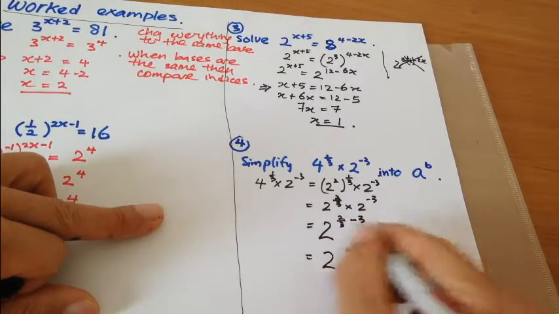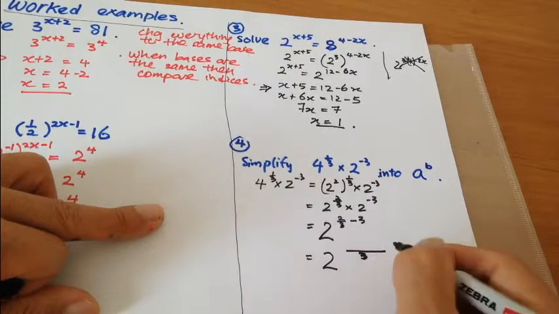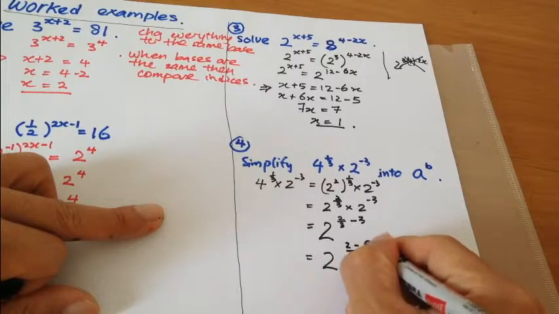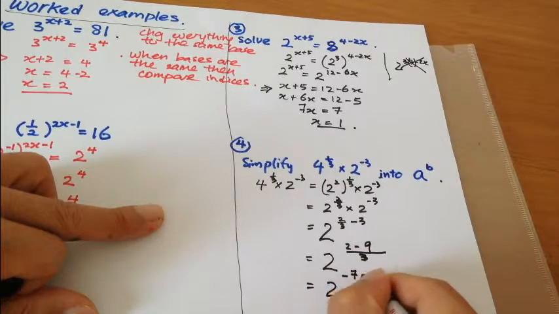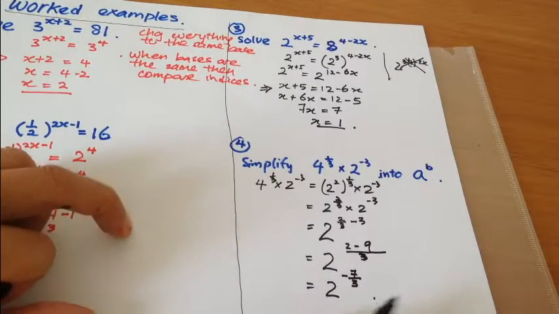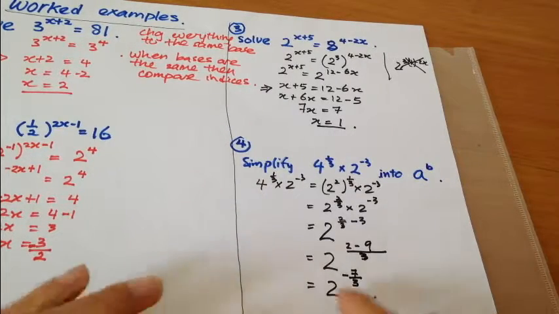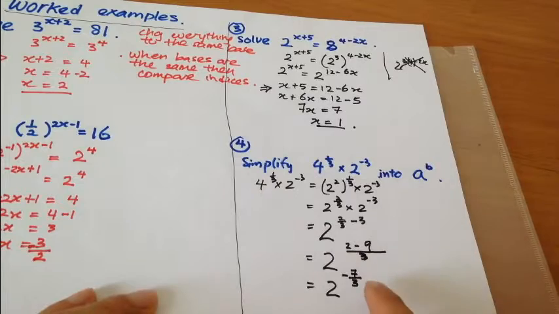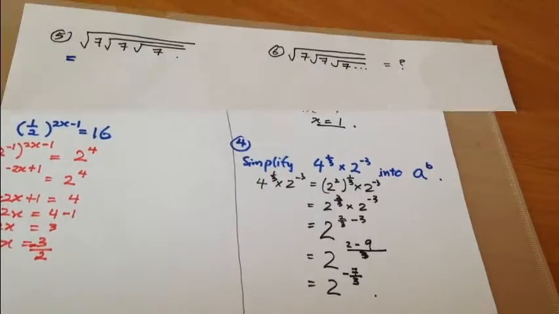Put everything to the same denominator, 3. So 2 minus 3 times 3 is 9. So it's 2 to the power of negative 7 over 3. You can leave your answer as this. You don't have to put it into surd form. It's okay for IB. So that's the answer. a in this case is 2, b is negative 7 over 3.